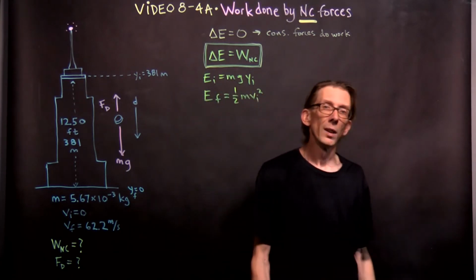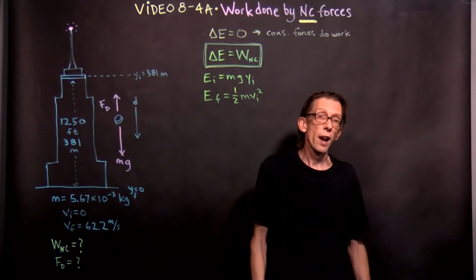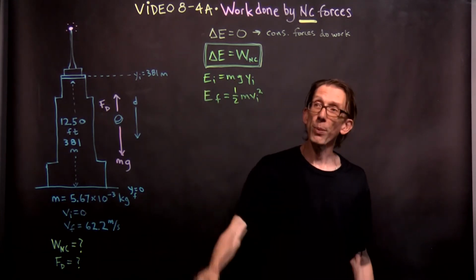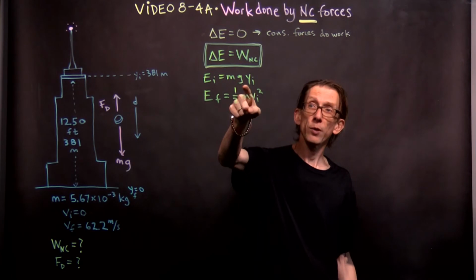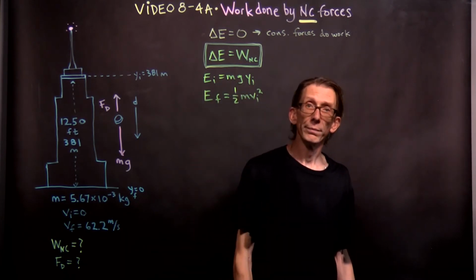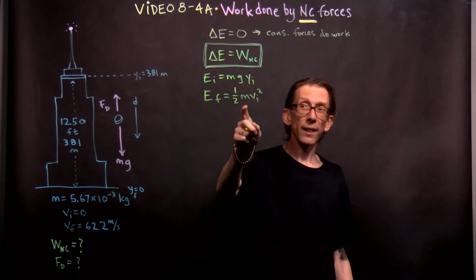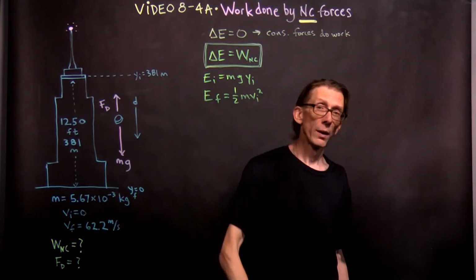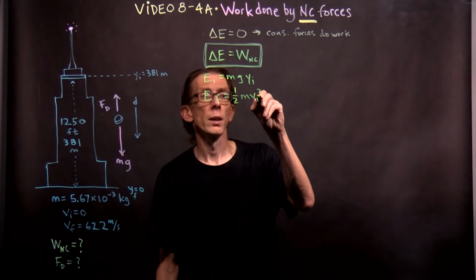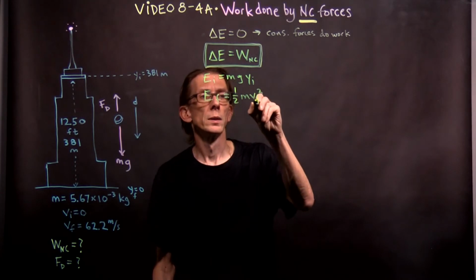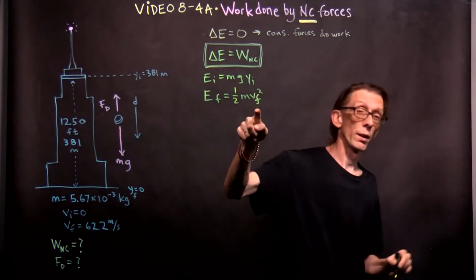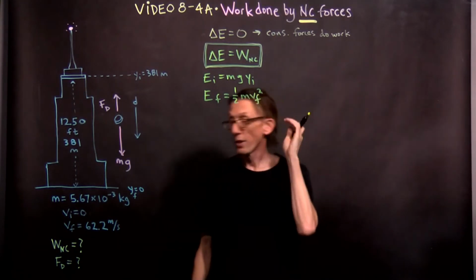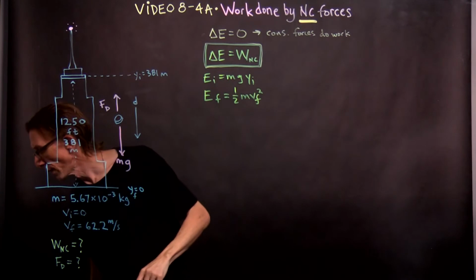But unlike the earlier cases we've dealt with, these two are not equal to each other. If we put in the mass of the coin times g times 381, we're not going to get the same thing if we multiply 1/2 times the mass times the final speed squared. That should be v sub f right there. These are not equal.